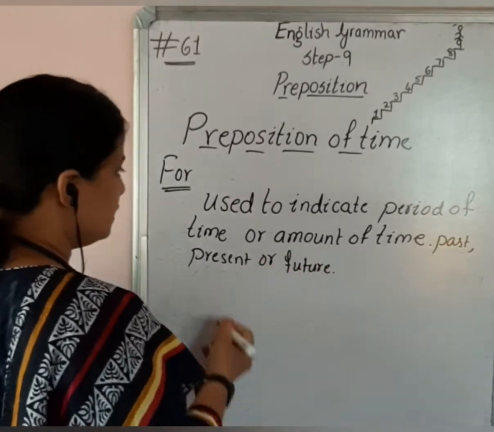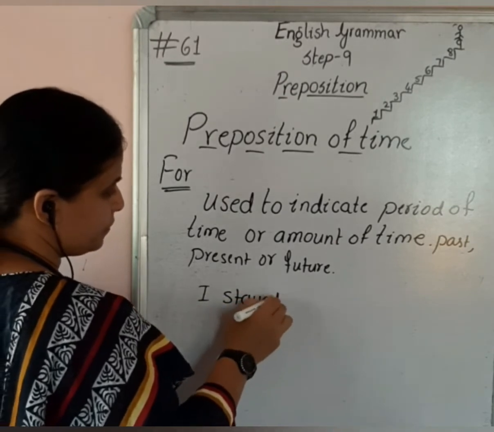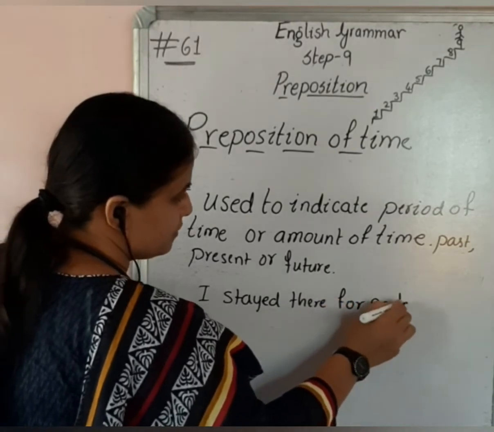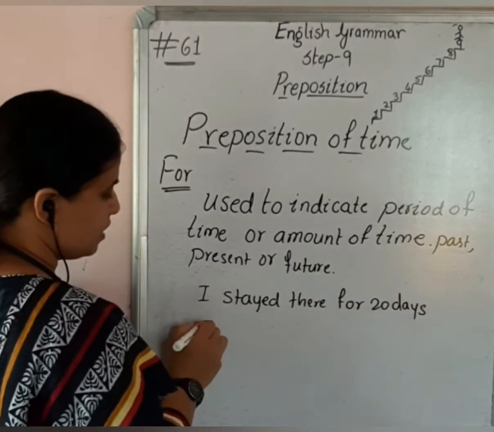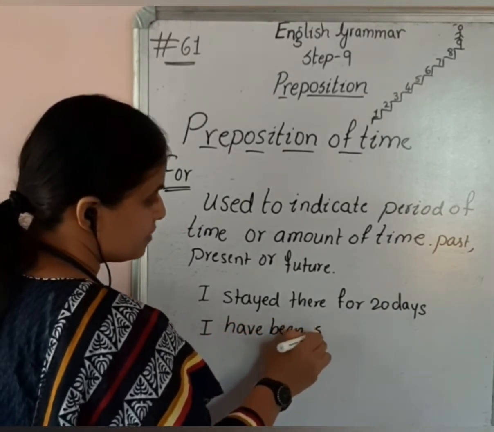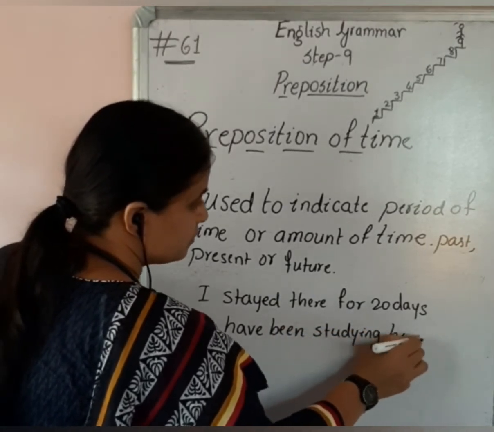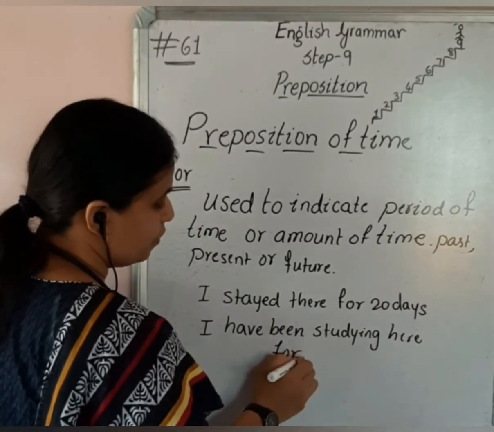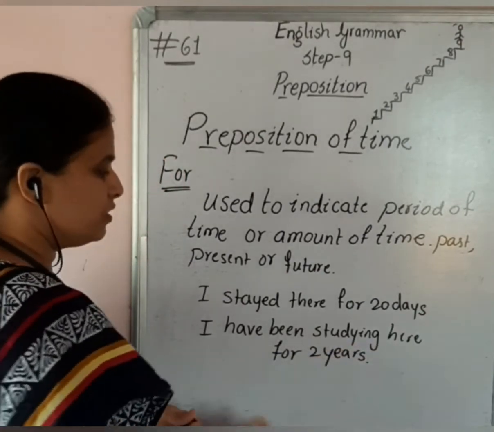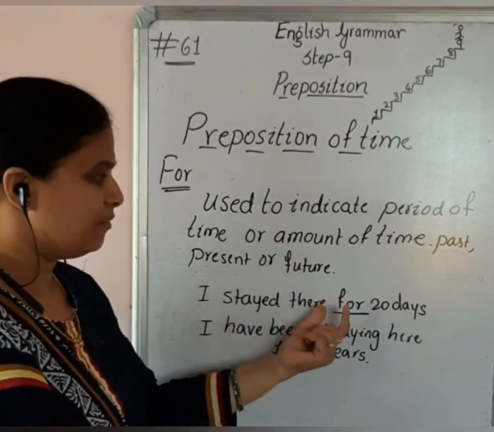Okay, for example, I stayed there for 20 days. Okay, I have been studying here for 2 years. So this for is used here to indicate a period of time or amount of time.